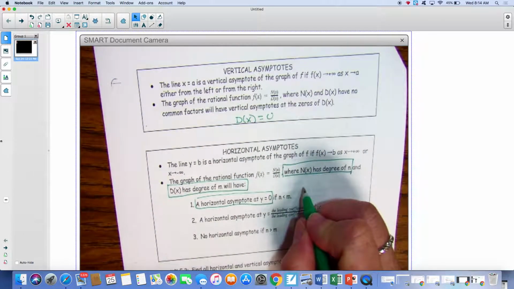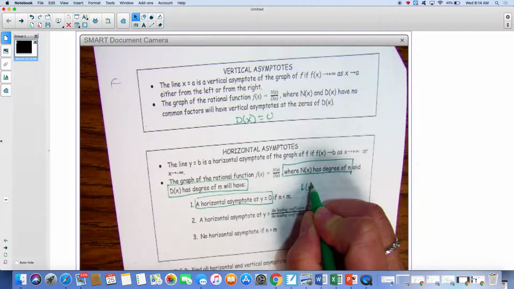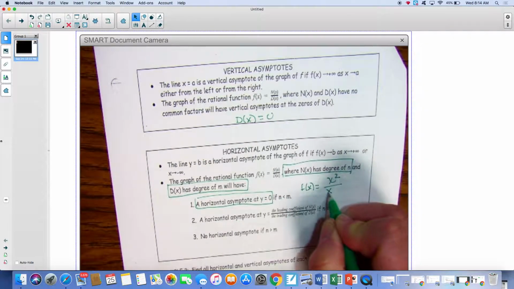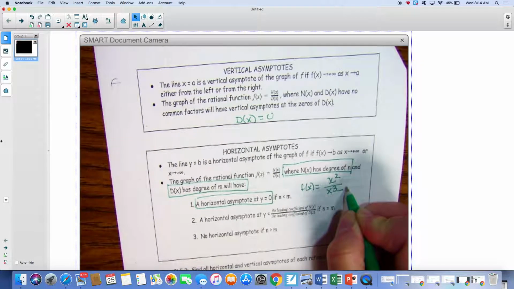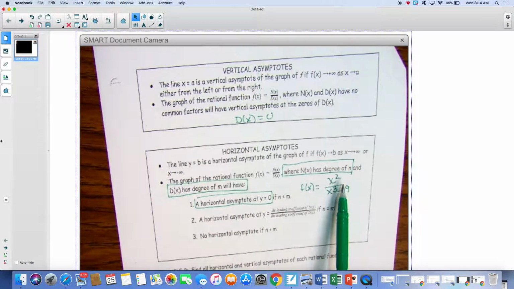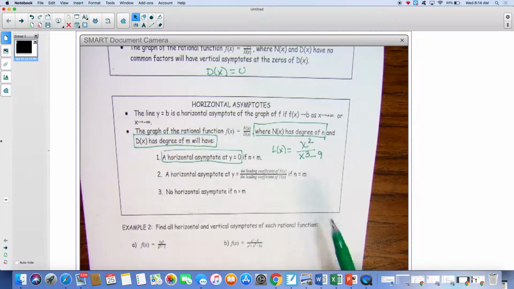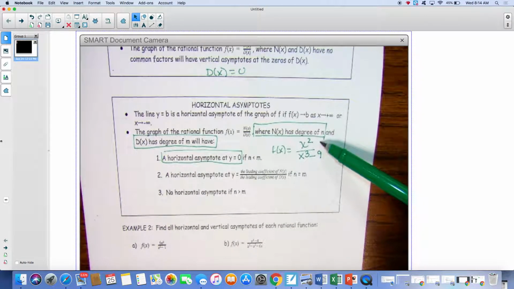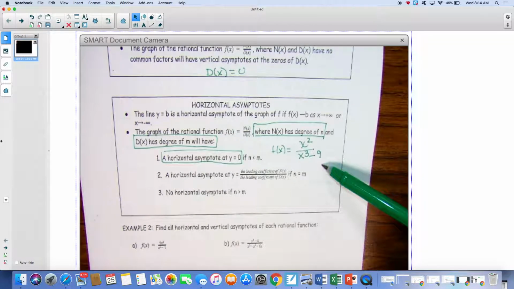So, for example, if we had x squared on top and x cubed minus 9 on bottom. What's the degree of the numerator? 2. What's the degree of your denominator? 3. Is the degree of the numerator less than the degree of the denominator?